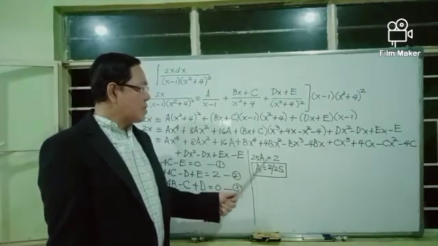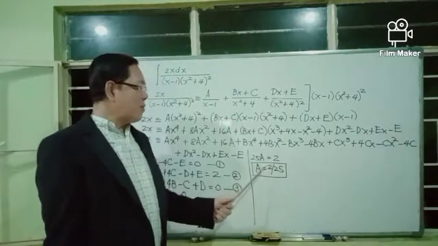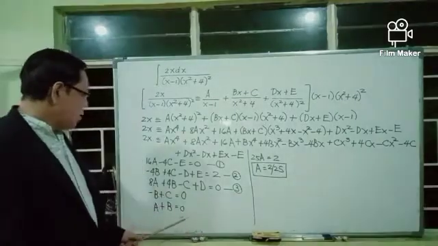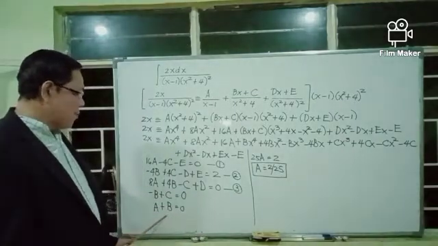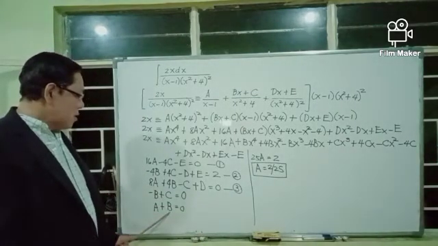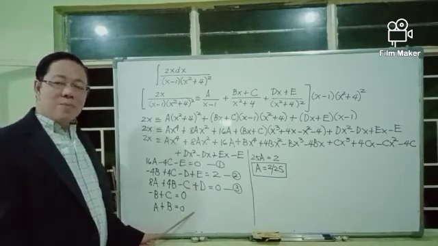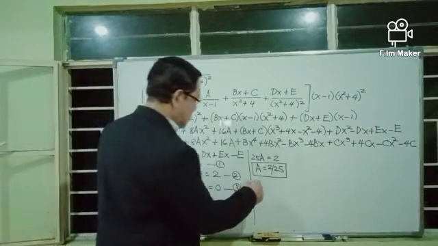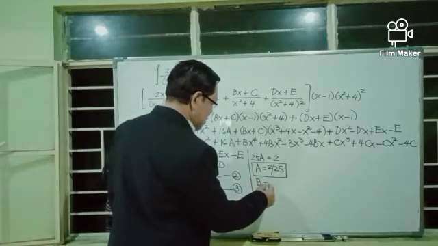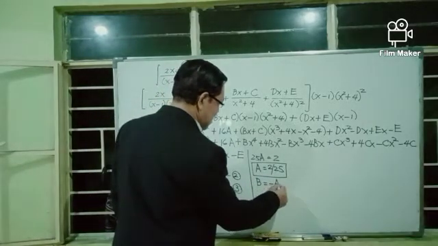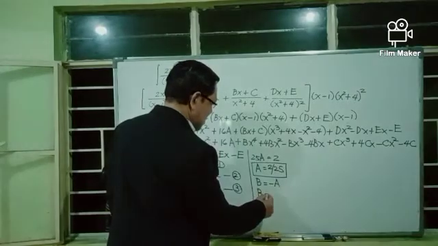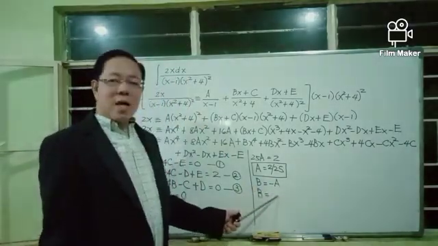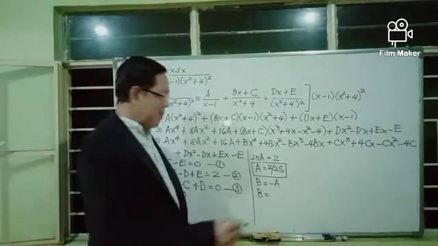And we divide both sides of this equation by 25 and we get a equals 2 over 25. Now we have a, we can solve for b from this equation. Transpose a to the right hand side, b equals minus a. But a is 2 over 25, so b is minus 2 over 25.